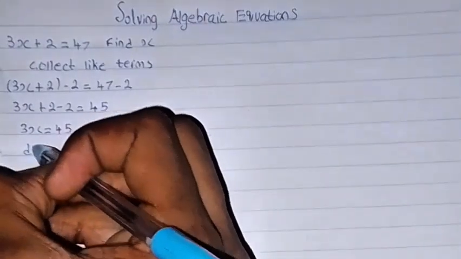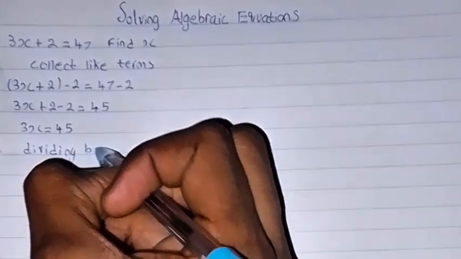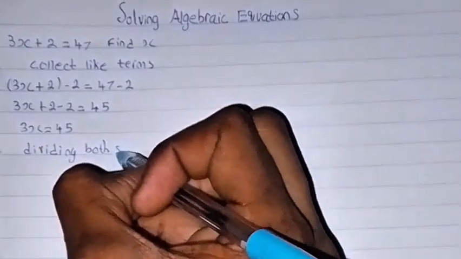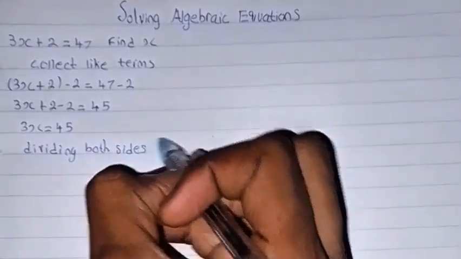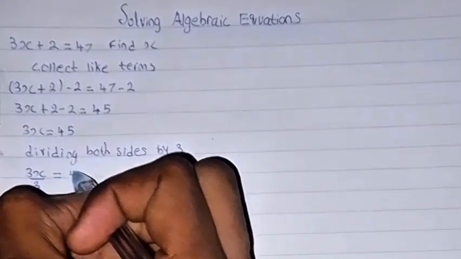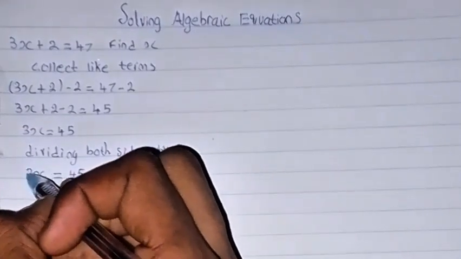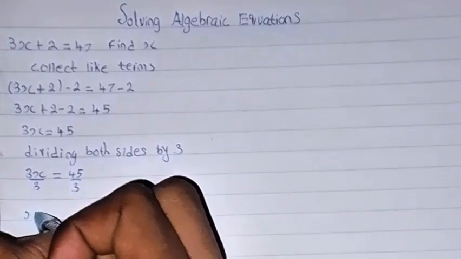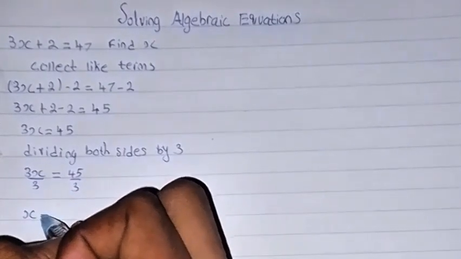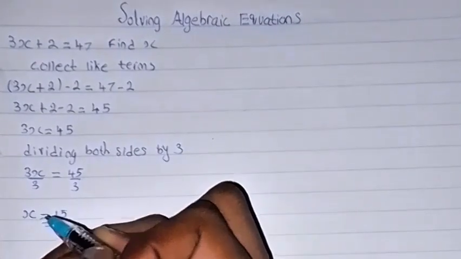To get x, we divide both sides by 3. So dividing both sides by 3, we have 3x divided by 3 is equal to 45 divided by 3. 3 divided by 3 will give you 1, so that x is equal to 45 divided by 3, which is equivalent to 15. And that becomes our answer.